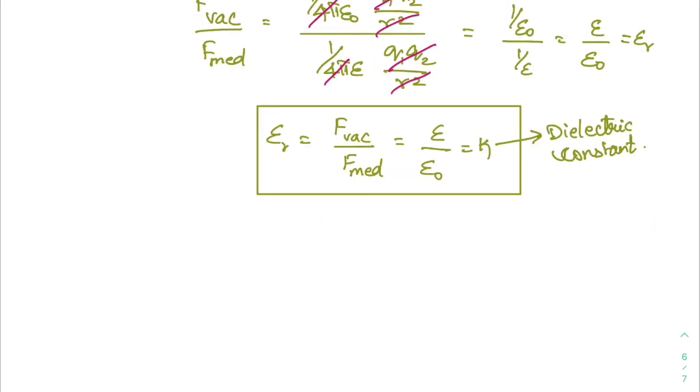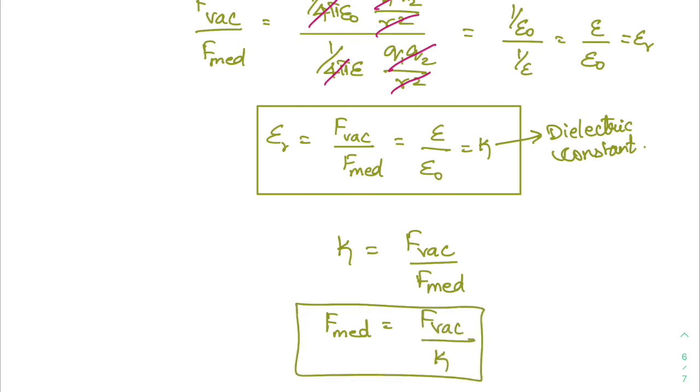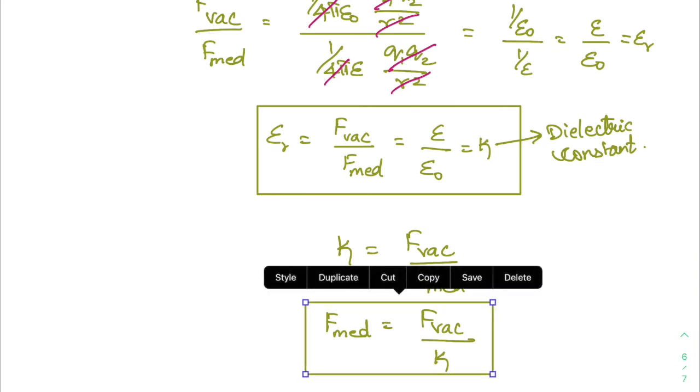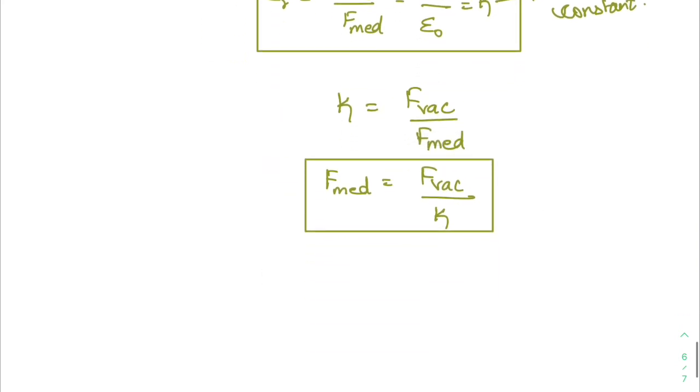So we can derive the dielectric constant with respect to this ratio. Or we can even find the force in a particular medium if the dielectric constant is given, with the help of this equation. Basically, we have constant values for these types of dielectrics.